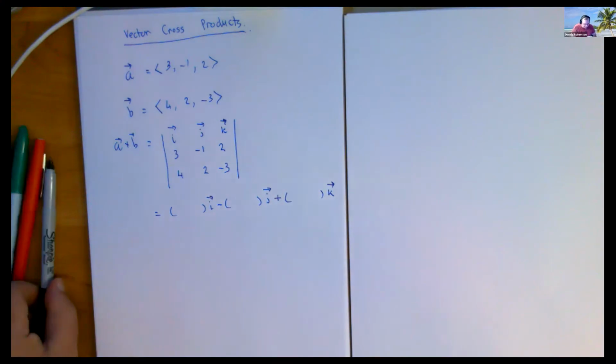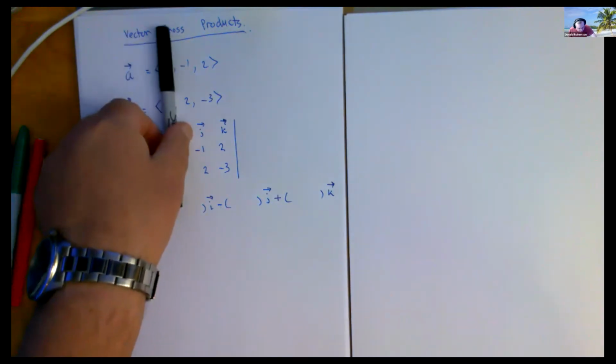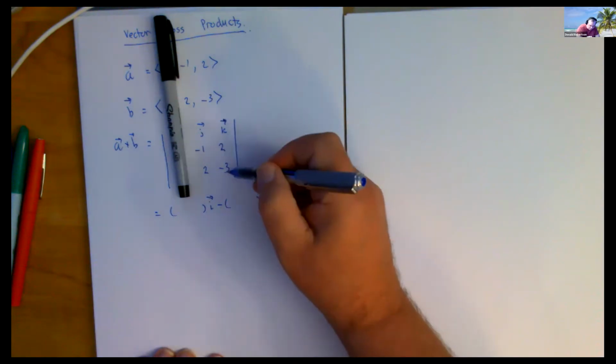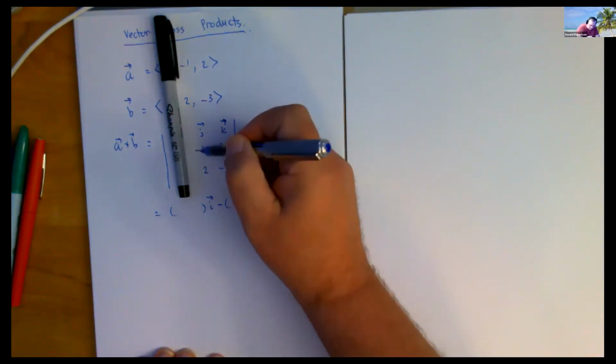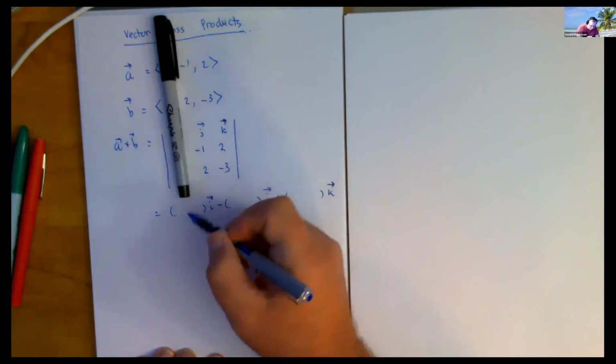Then you basically go through this, it's like a cover-up technique. If you want the i component, you cover up column i. Then you go major diagonal, subtract minor. In this case, the major diagonal is 3, and 3 take away 4 gets you -1.